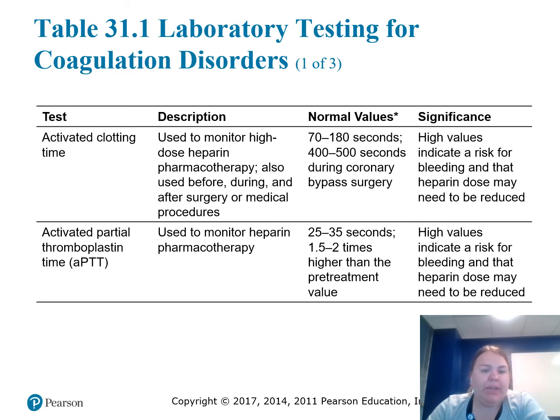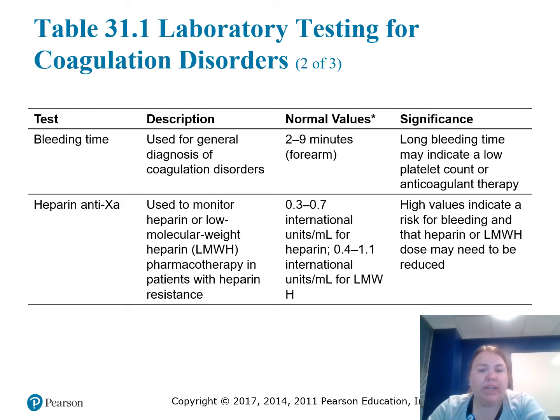Then we have our APTT, activated partial thromboplastin time. That's again used for heparin, and typically it should be 25 to 35 seconds, and it should be 1.5 to 2 times higher than the pre-treatment values. Again, high values indicate a risk for bleeding. Our bleeding time is used for general diagnosis of coagulation disorders. It should be about 2 to 9 minutes on the forearm.